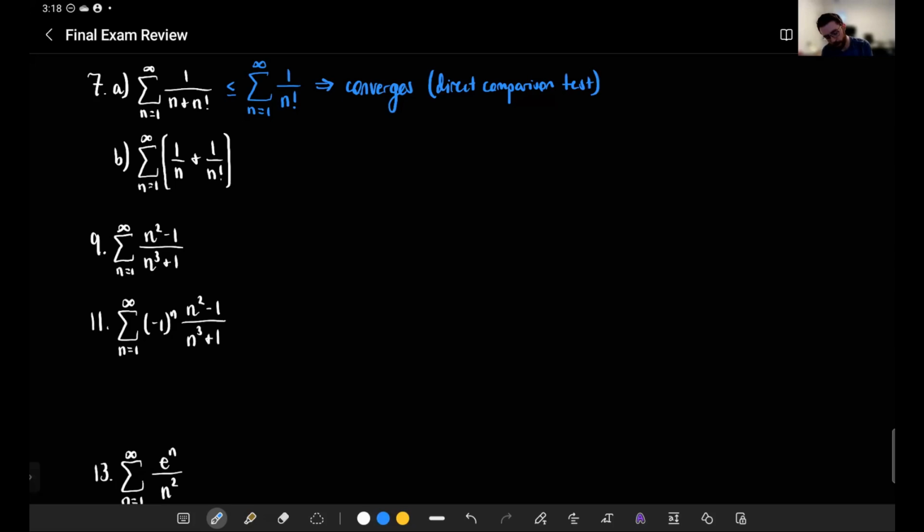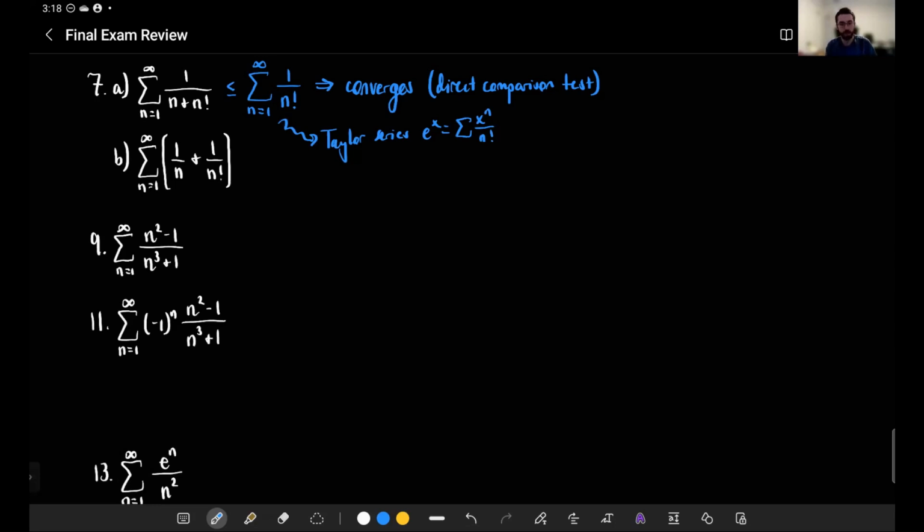If you don't realize why 1 over n factorial converges, not sure if there's an easier way to show it, but you could do something with a Taylor series here. There's a Taylor series for e to the x that looks like x to the n over n factorial.